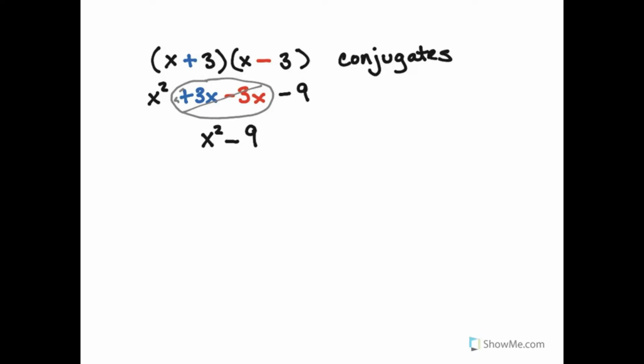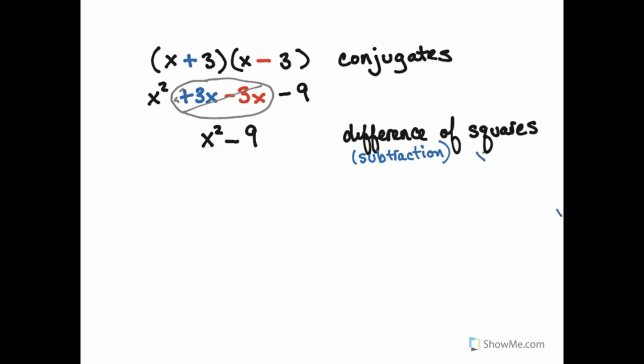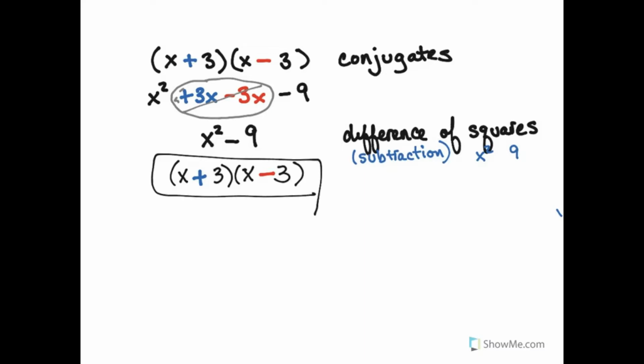An expression like this is called the difference of squares. The difference refers to the subtraction, and both terms, x squared and 9, are squares. The difference of squares always factors to conjugates. X squared has square root x, 9 has square root 3, and I factored back the difference of squares.